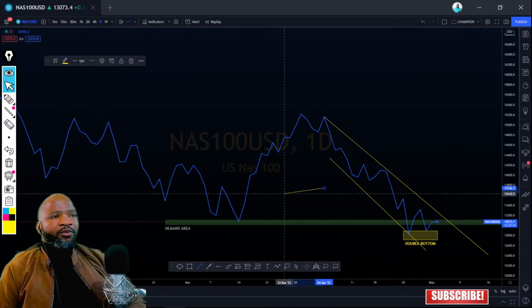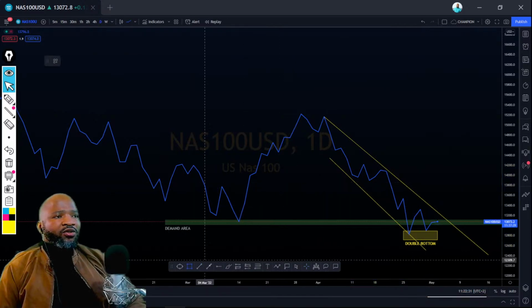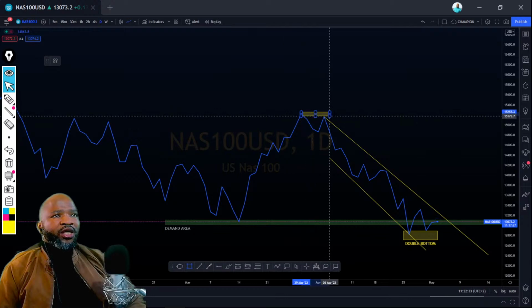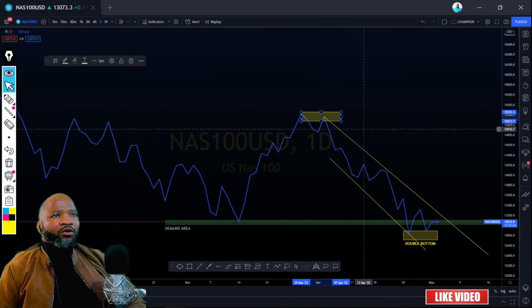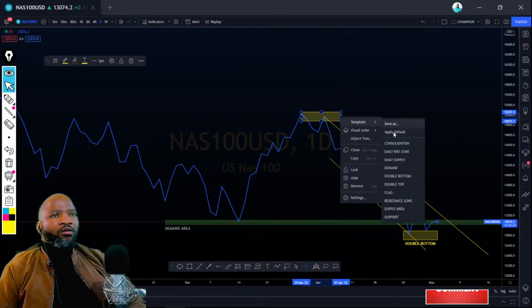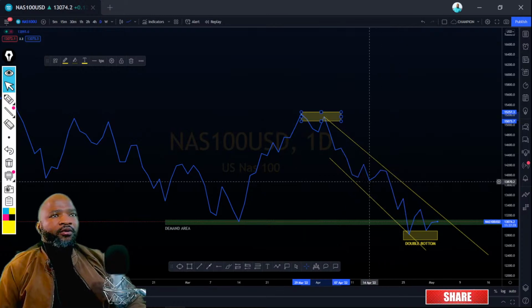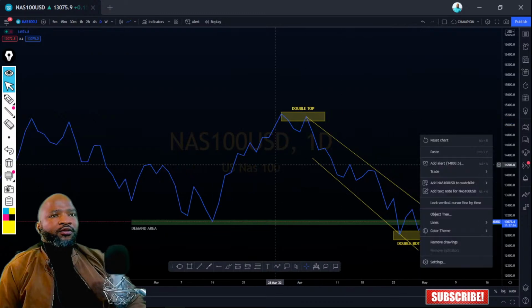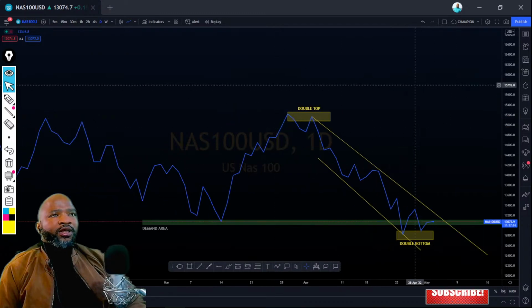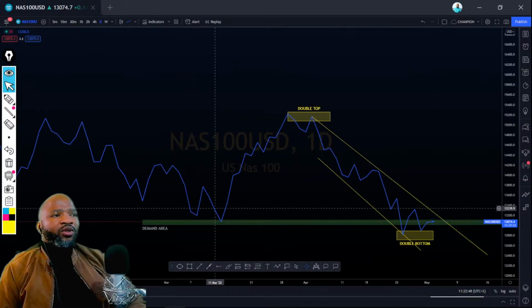This is what the price presented to us. So previously we also had a double top. So now this was a double bottom.